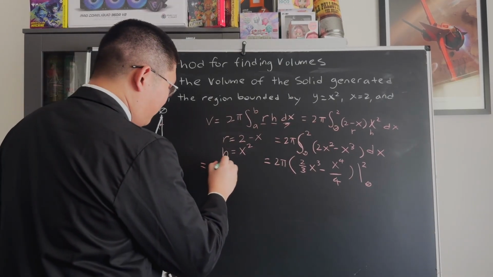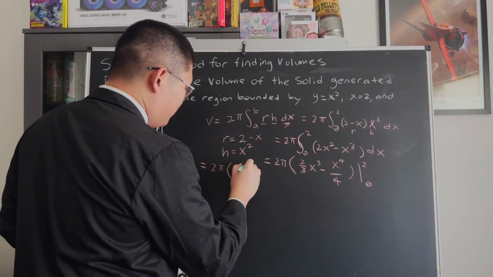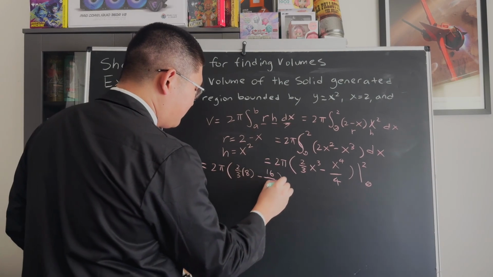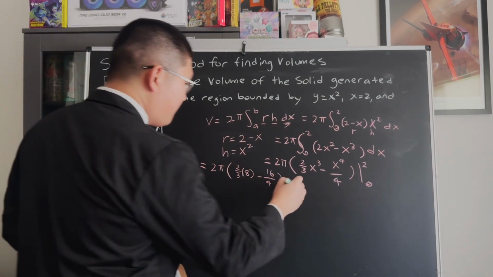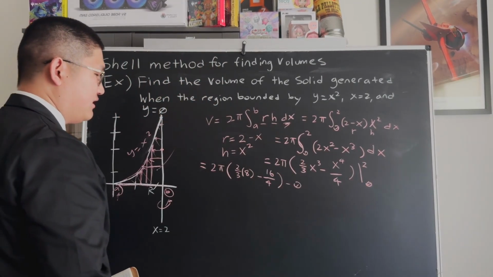So with that, the 2 pi will remain. We end up with the 2 being plugged in, so it's 2/3 multiplied by an 8 minus a 16 over 4 as a result of this integration. And then we subtract the 0, because the lower limit of 0 will just cancel out with all the x's there.